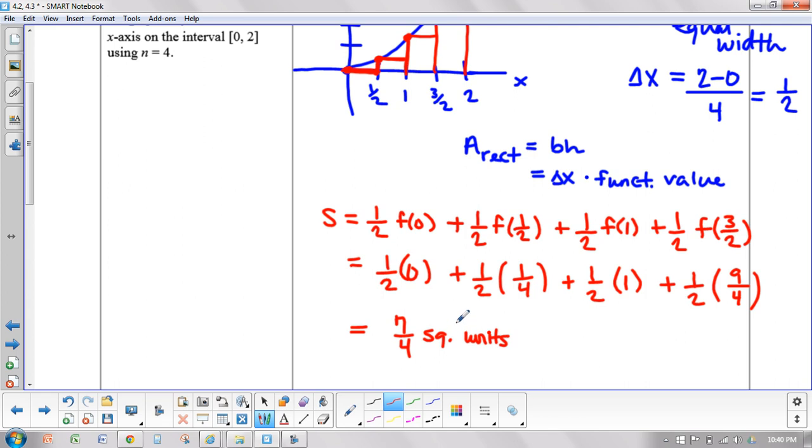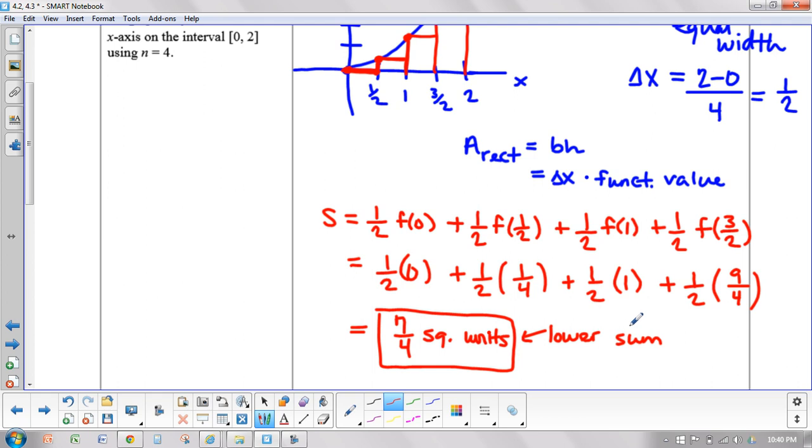You're not always going to be measuring area because your graph's not always going to be above the x-axis, but for right now, it does match up. So our lower sum, because they asked for an upper and a lower, our lower sum is 7/4. In this particular case, our function was always increasing on that interval.